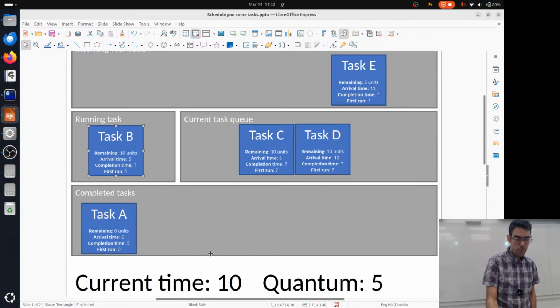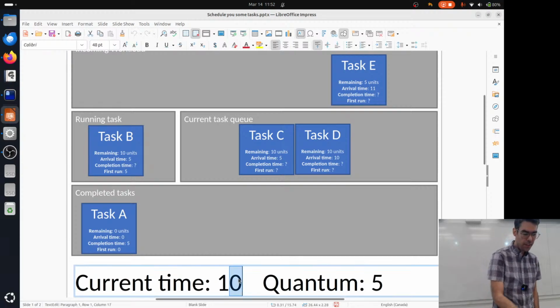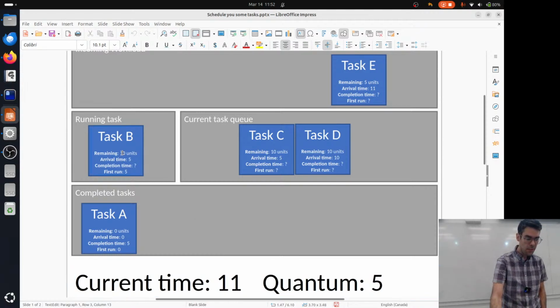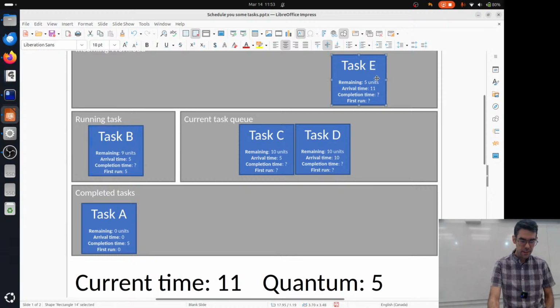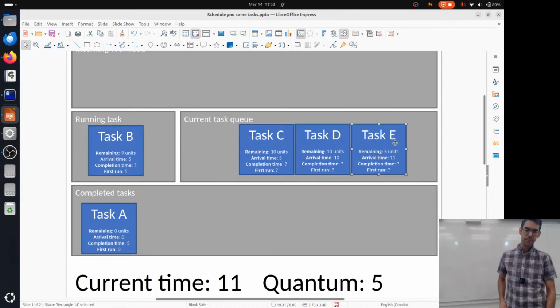So at this point, I'm going to change this to current time is 11. I'm going to leave that task there. I'm going to say that it has done 1 more unit of work. And I'm also going to say that task E arrives.